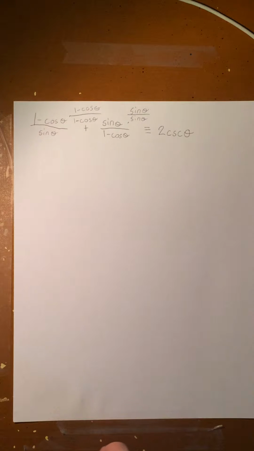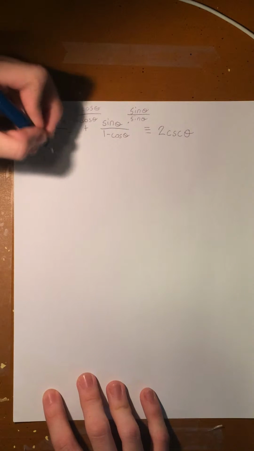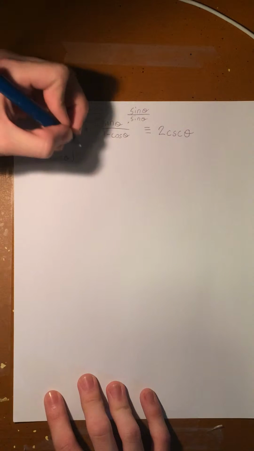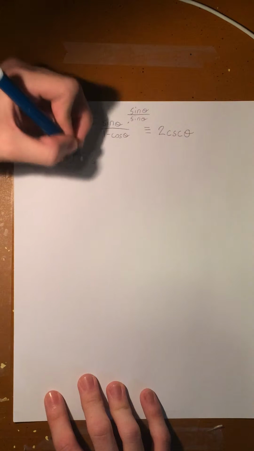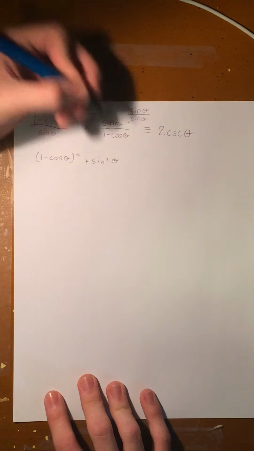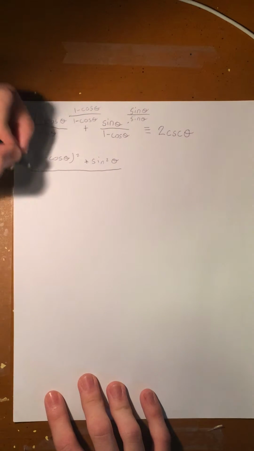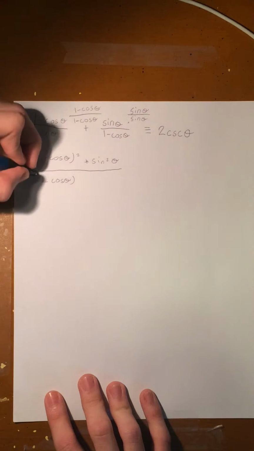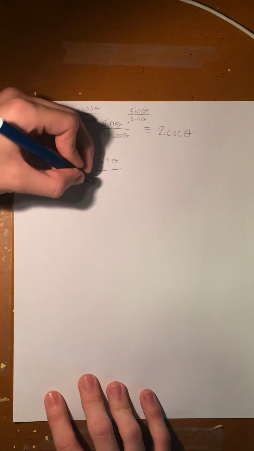Now we can rewrite this as (1 minus cosine of theta) squared plus sine squared of theta, all over (1 minus cosine of theta) times sine of theta.